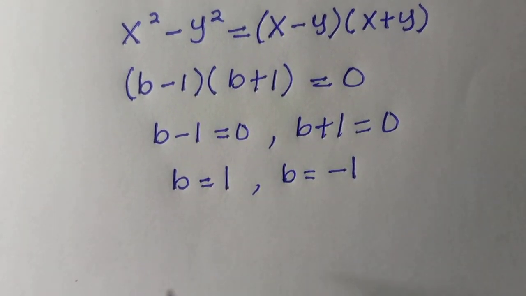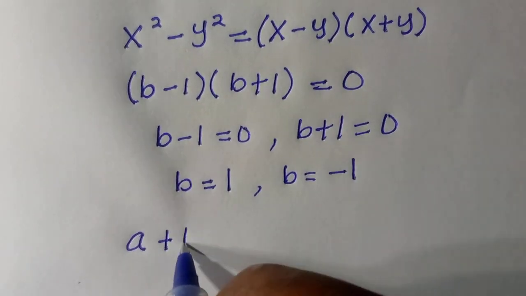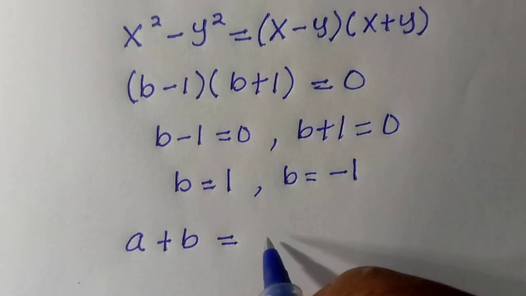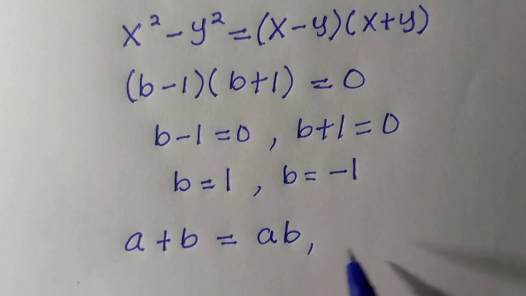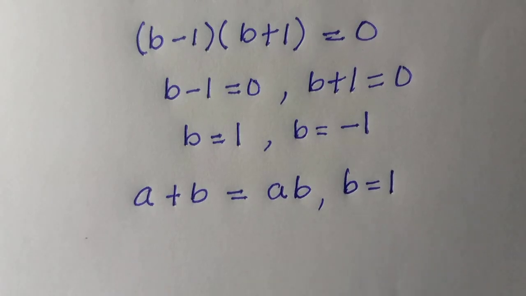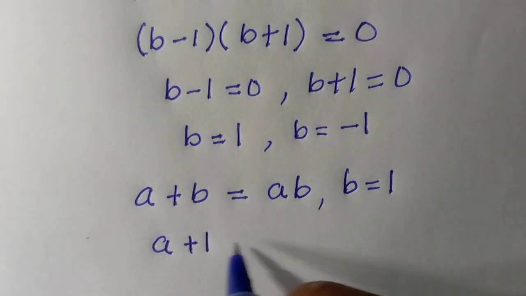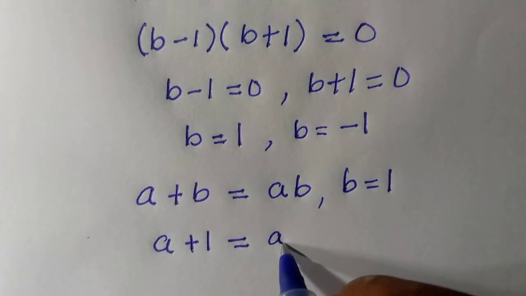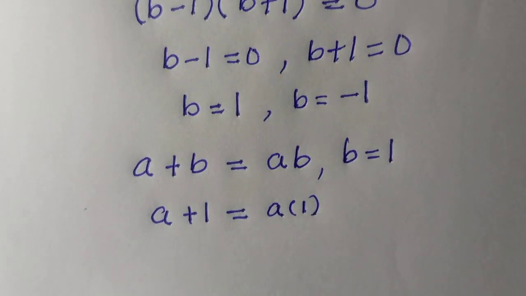So from equation 1, which is a plus b equals ab, suppose we try when b equals 1. We substitute here, then we have a plus 1 equals a multiplied by 1, which is also a.